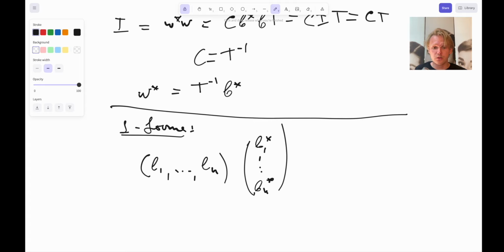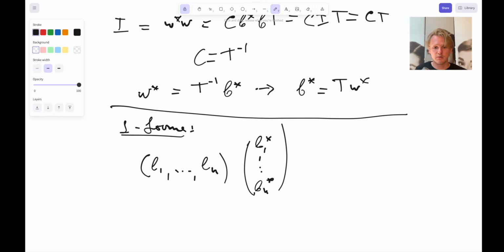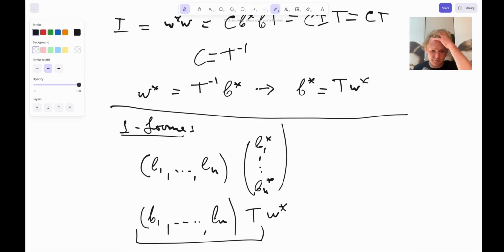And if you want to use the transfer formula, we write b star as t w star, putting t on the correct side. We put it here, and we get l1 ... ln times t w star. Easy, and we have a new formula with new coordinates and new bases.